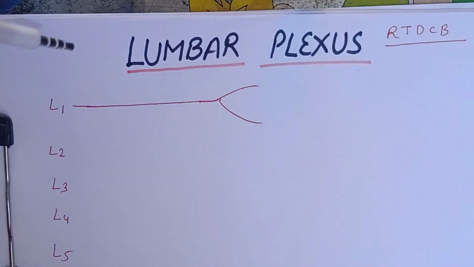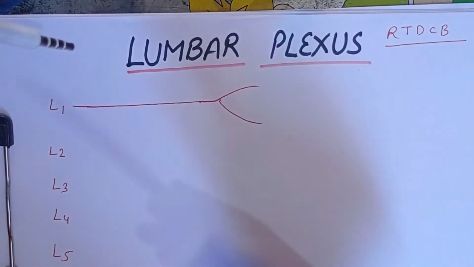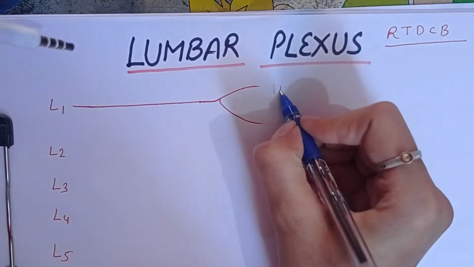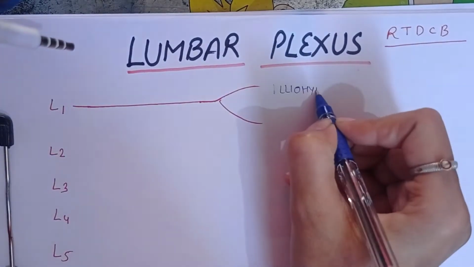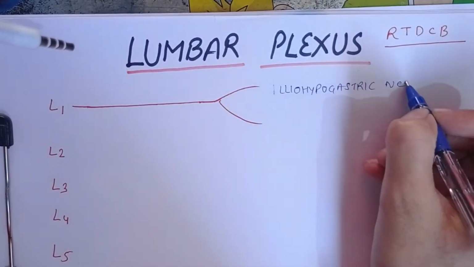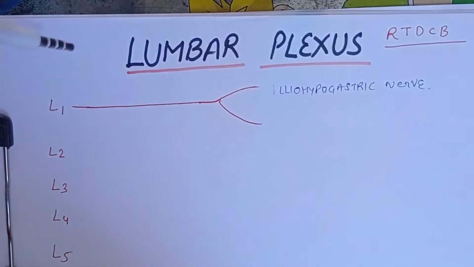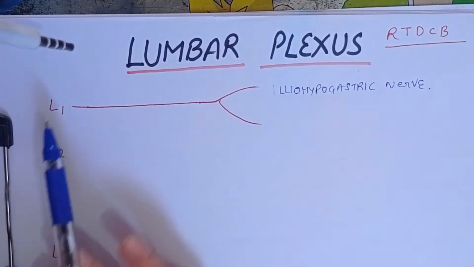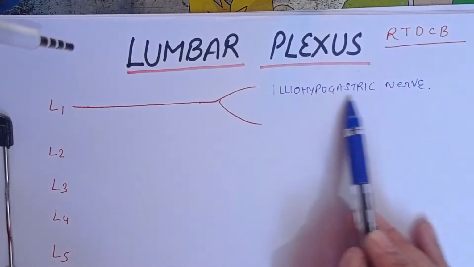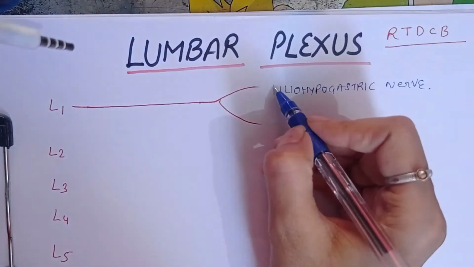The name of the first nerve is the iliohypogastric nerve. I repeat again, L1 gave one branch which divided into two. The very first is iliohypogastric.